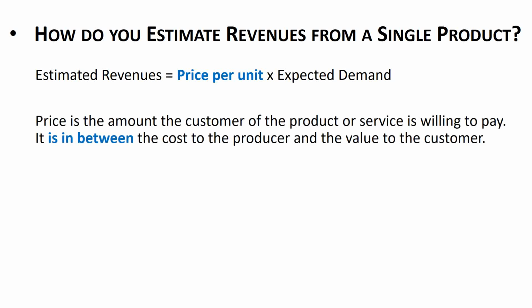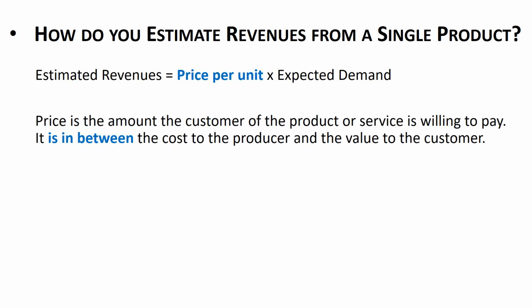Price is the amount the customers of the product or service are willing to pay. In our case, $10 per t-shirt. Say $15, a subscription fee per month to a website.